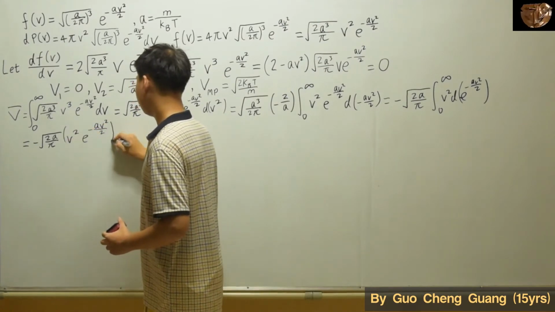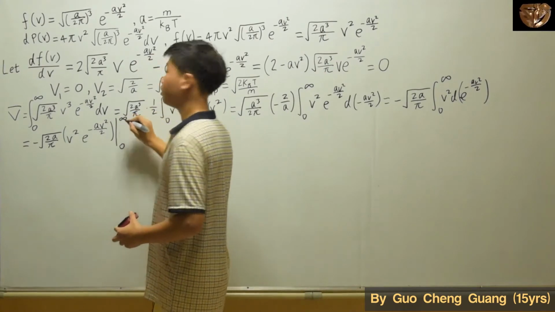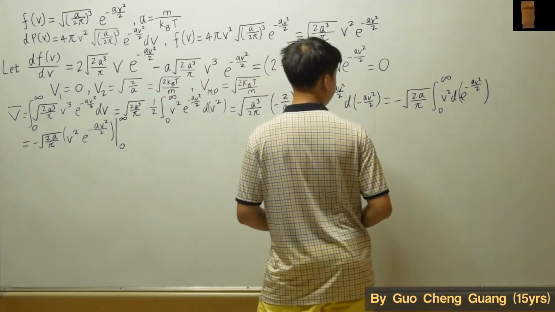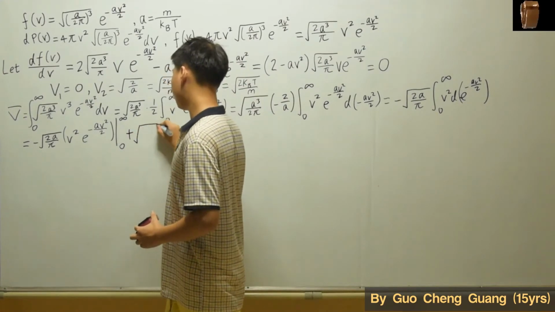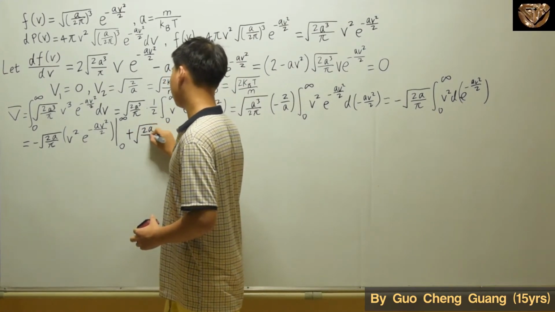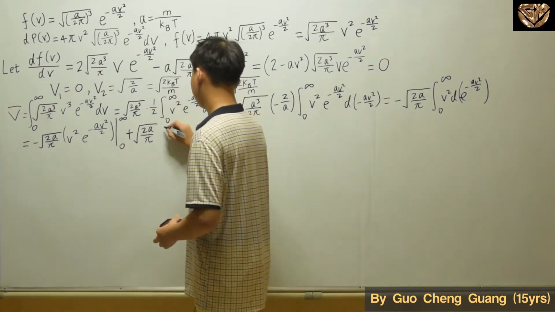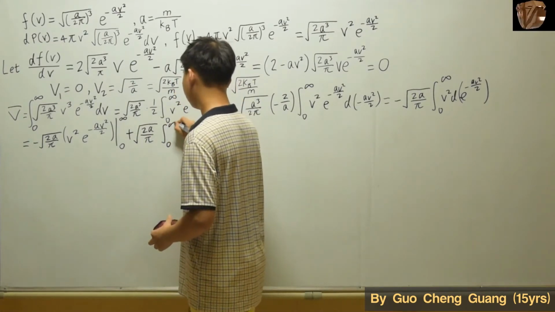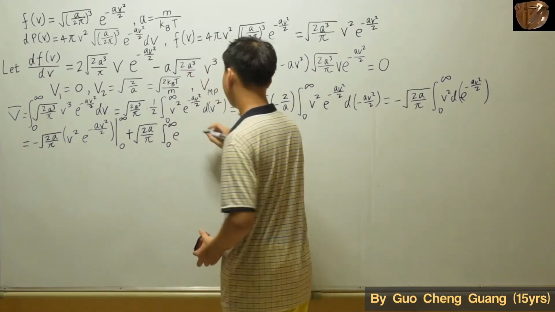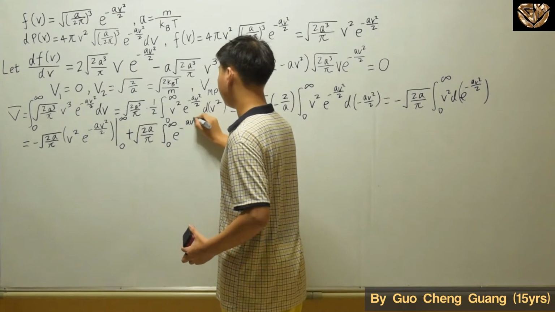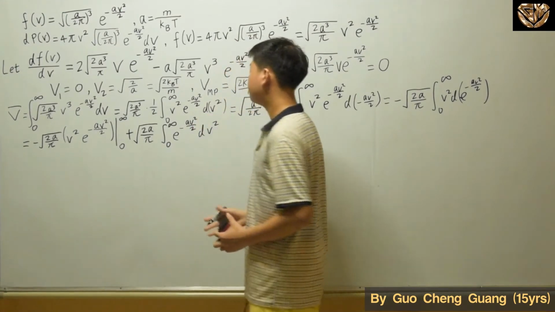And here, you need to substitute 0 and infinity. For your other part, you're going to have plus square root 2a over pi, integrate from 0 to infinity e to the power of negative av square over 2 dv square.